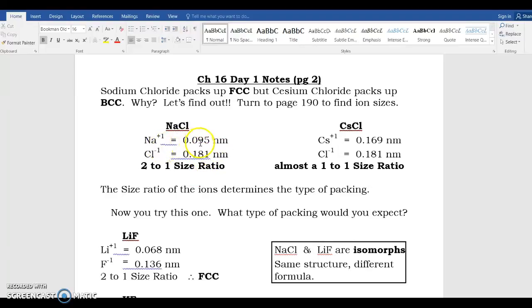Notice that sodium is about half the size of chlorine. And on these, like cesium and chlorine, they are nearly the same size. So they're comparing the diameter to diameter, and it's 2 to 1 here for the sodium chloride. In other words, the chlorine is twice the size of 1 sodium, and here it's 1 to 1.